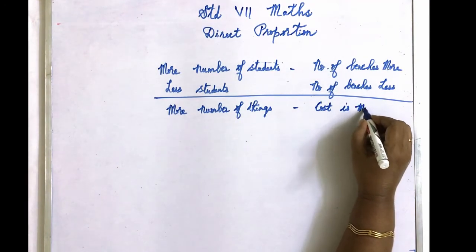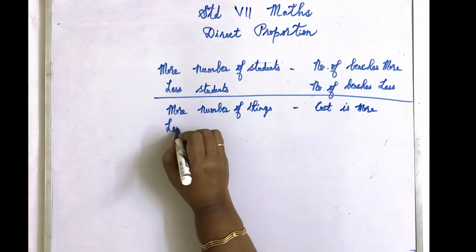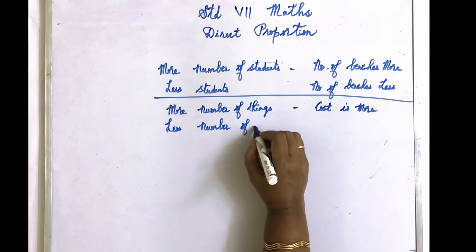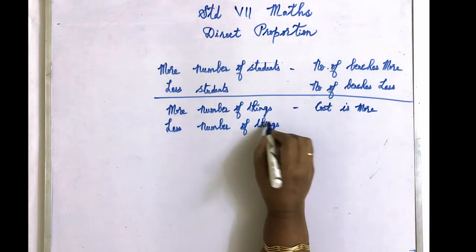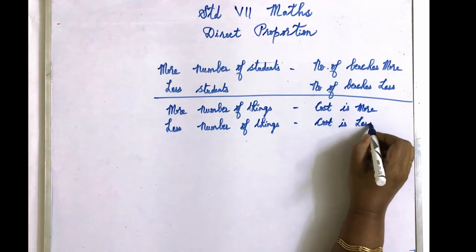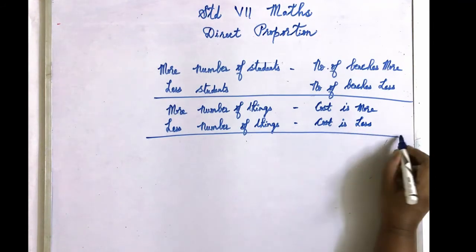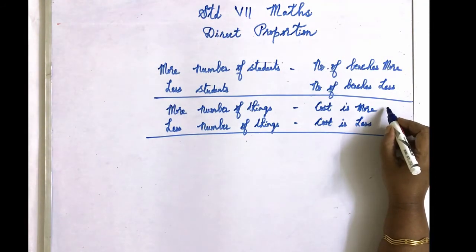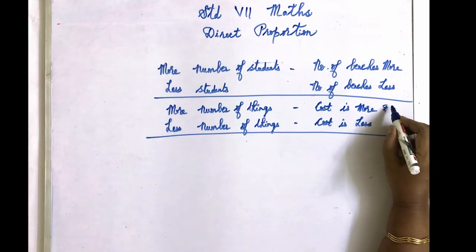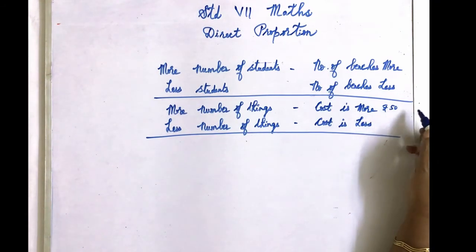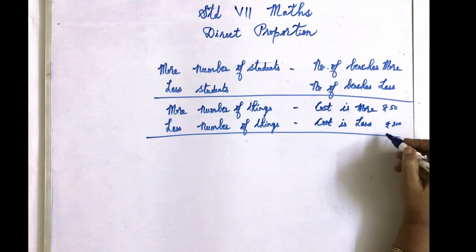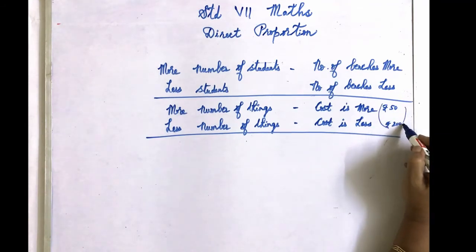If we buy fewer things, the cost is less. Suppose a boy is buying one pen for 50 rupees, he has to pay only 50 rupees. If he is buying 4 pens, he has to pay 200 rupees. So as the number of pens increases, the amount also increases.